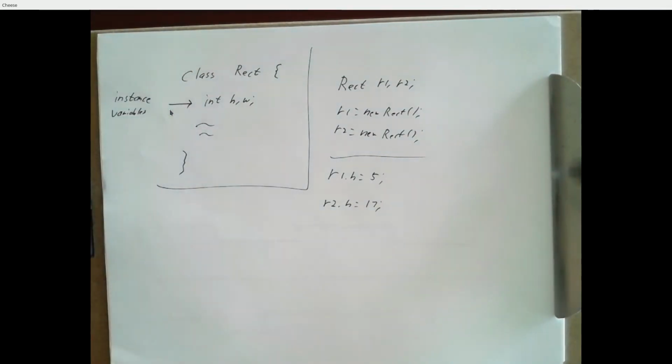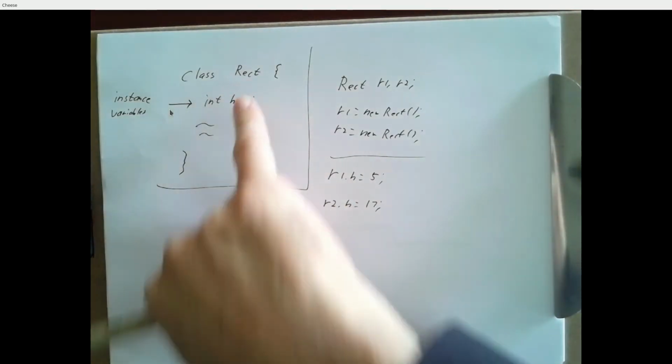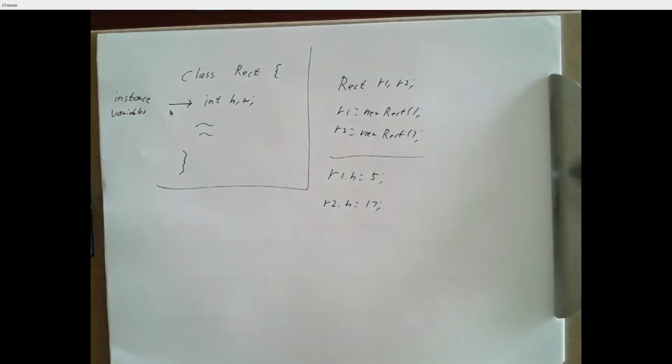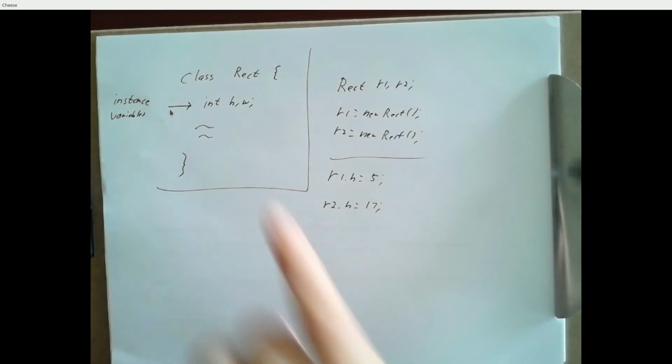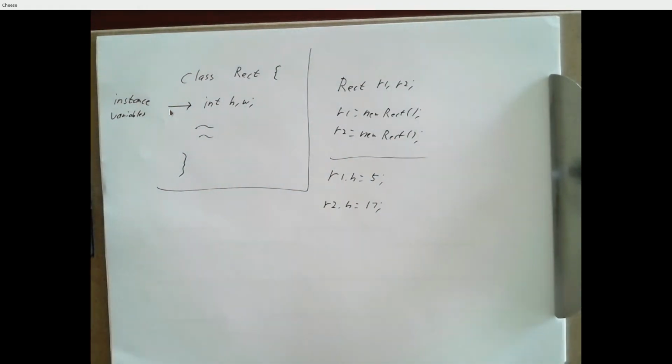And that terminology refers to the fact that this variable belongs to each instance of a rectangle. So anytime you make a rectangle, you get a new copy of these instance variables. And that's the kind of variable we've been dealing with all along.